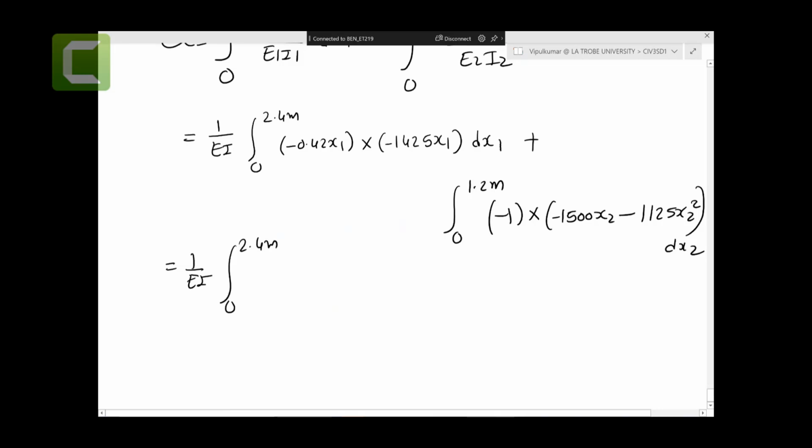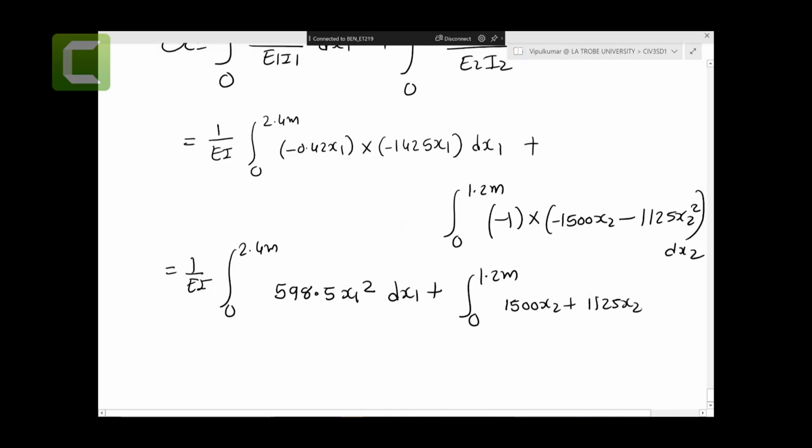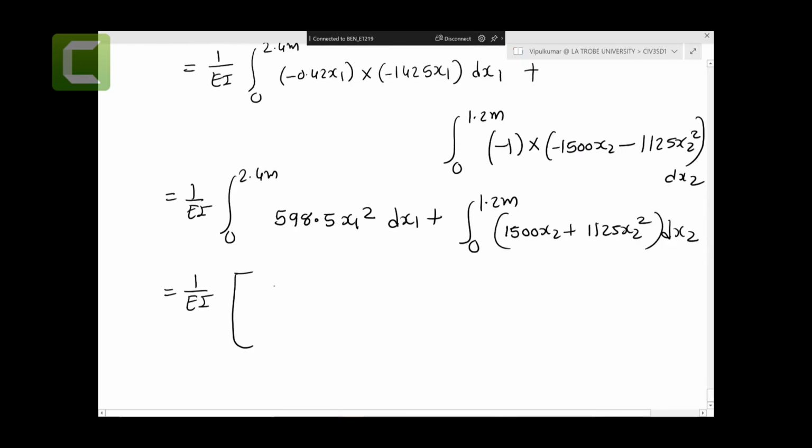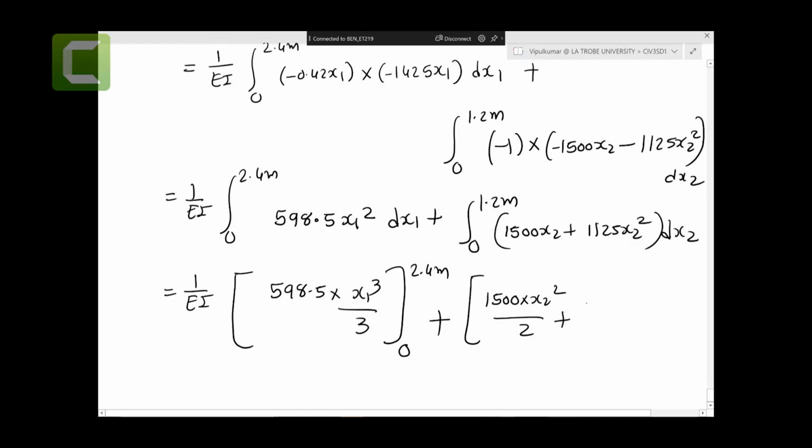So 1 over EI, 0 to 2.4 meters, and 1425 times 0.42 gives positive 598.5 x1 squared dx1, plus 0 to 1.2 meters, 1500 x2 positive plus 1125 x2 squared dx2, and we just integrate: 598.5 x1 cubed on 3, 0 to 2.4 meters, plus 1500 x2 squared on 2 plus 1125 x2 cubed on 3, 0 to 1.2 meters.